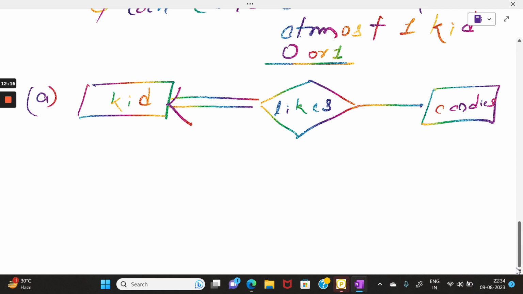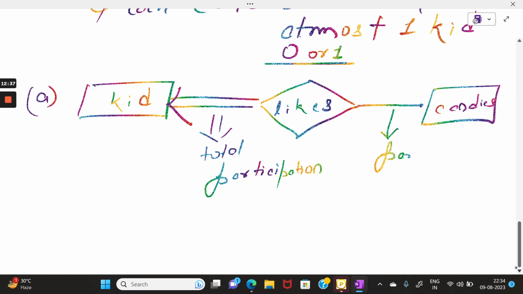We had something called double arrow and single arrow. We talked about the double arrow and single arrow, right? So, what does this signify? This signifies total participation, and this signifies partial participation. What is total participation and what is partial participation?